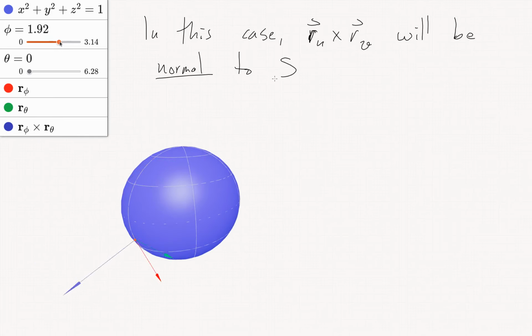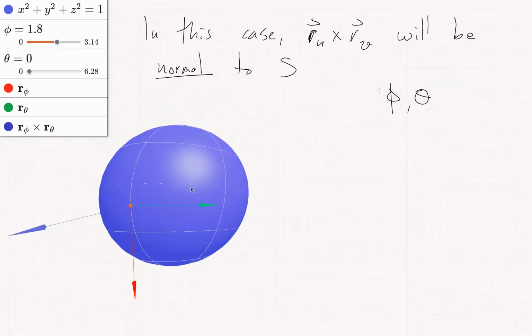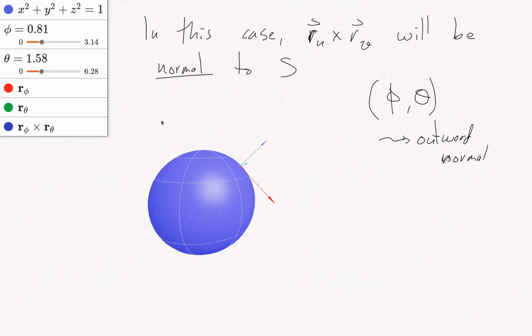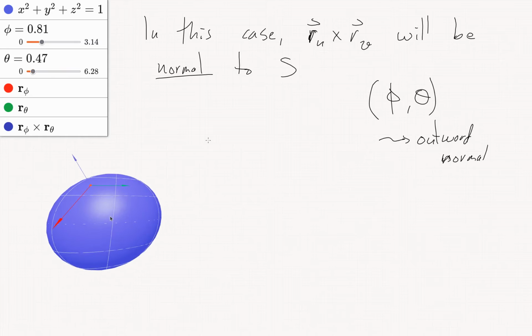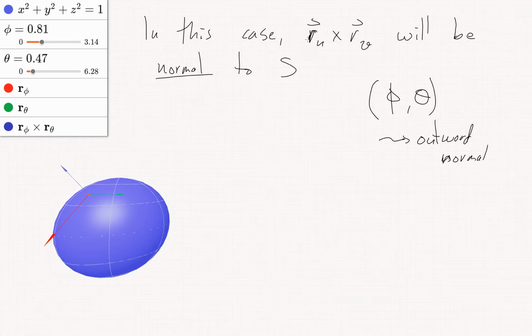The reason I took R sub phi cross R sub theta here as opposed to the other order was because I wanted an outward normal. If I did theta first and then phi, the normal would be pointing into the sphere, which sometimes you want, but it's nicer to draw it pointing outwards. So this is the direction of this cross product.